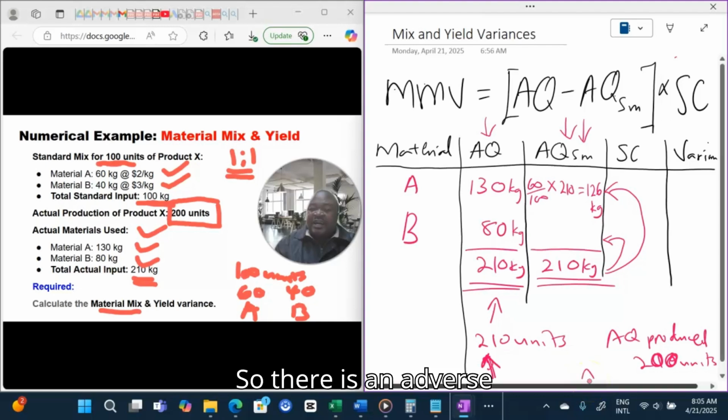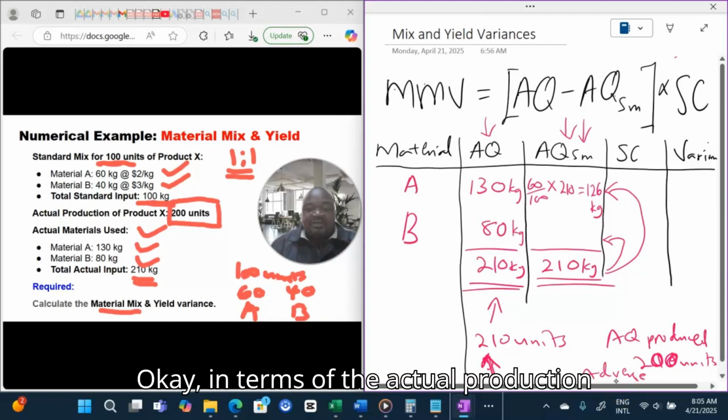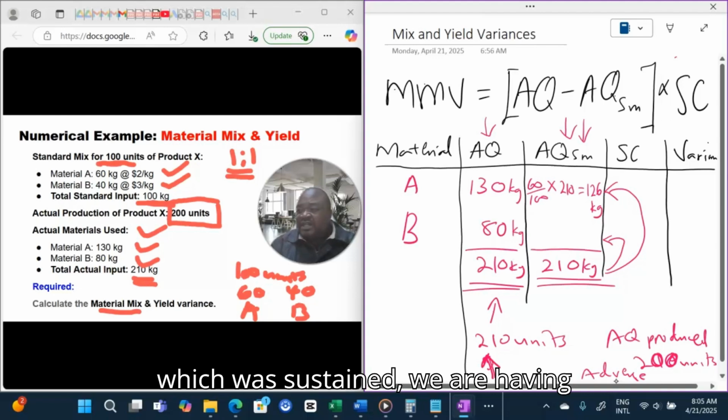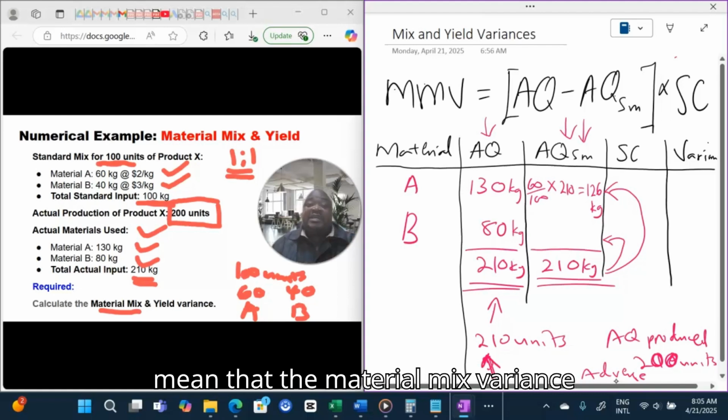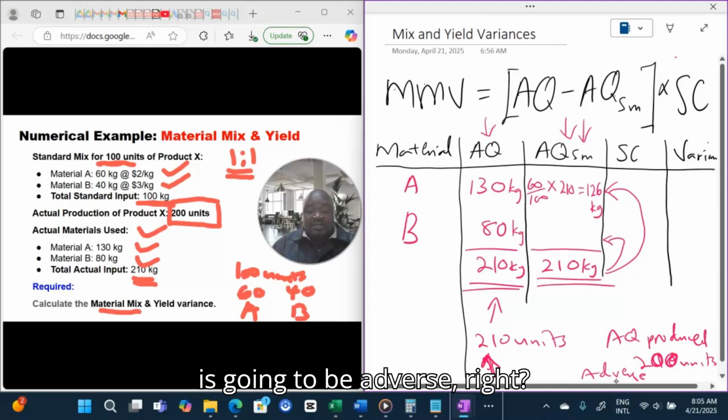So there is an adverse variance in terms of production. In terms of the actual production sustained, we are having an adverse variance. But that doesn't mean that the material mix variance is going to be adverse. Please get this right. The mix variance speaks largely of the usage of materials in terms of their mix.